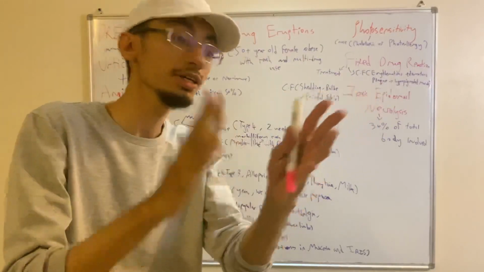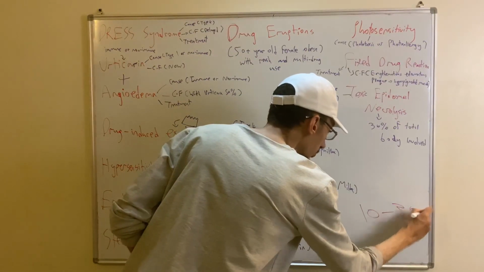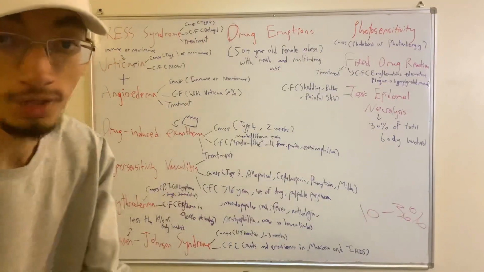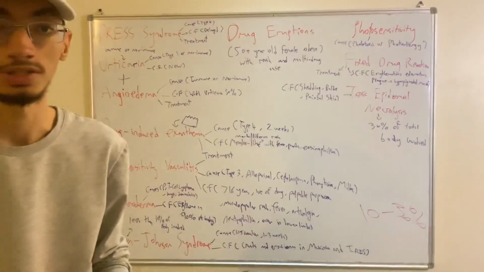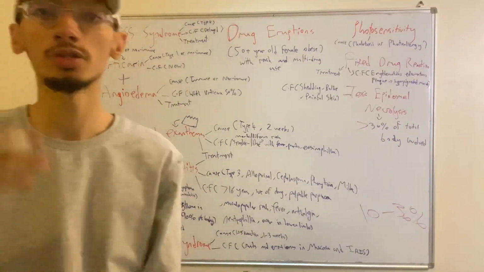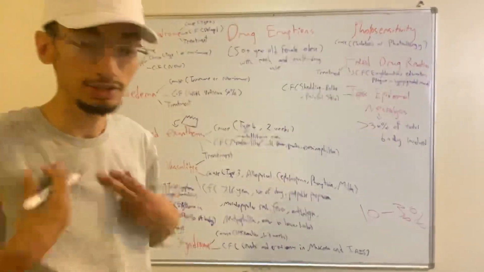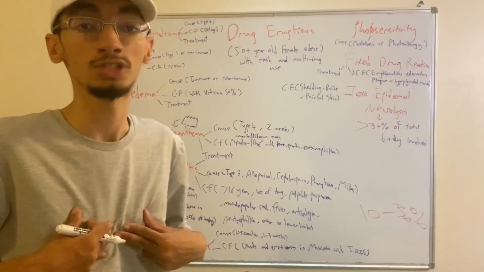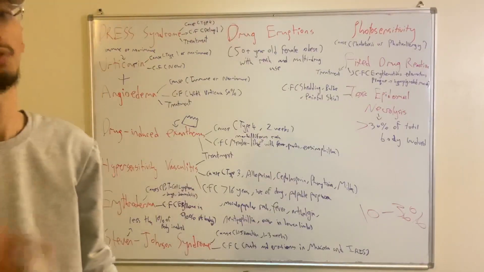Then between 10 to 30% could be an overlap of Stevens-Johnson syndrome and toxic epidermal necrolysis. Then when 30% or more of the total body surface area is affected, we consider this toxic epidermal necrolysis.